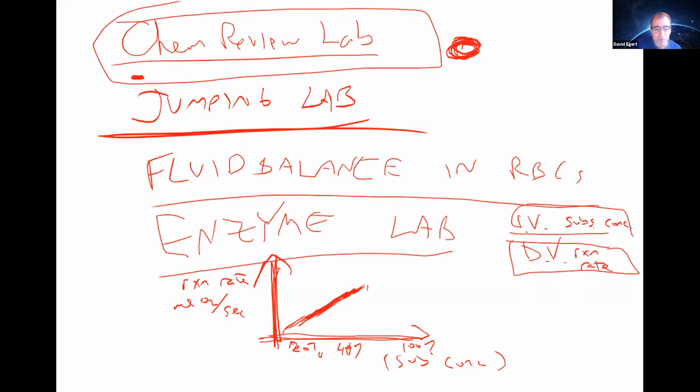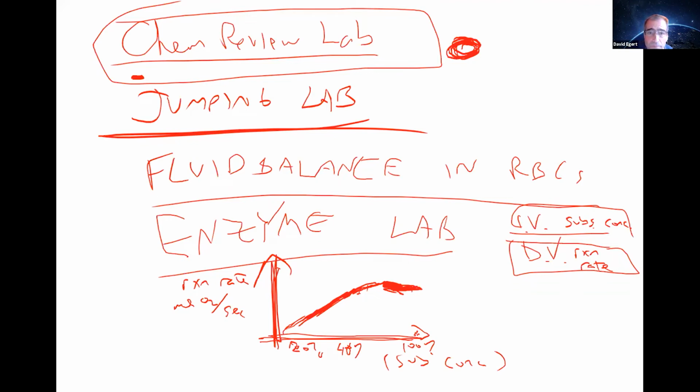At the highest levels, it doesn't keep going up anymore. Even though you're increasing substrate concentration, it's not going any faster. What would cause behavior like that? All the enzyme being tied up in the reaction. Exactly, all the enzyme is busy. That's what we called saturation, if you remember.